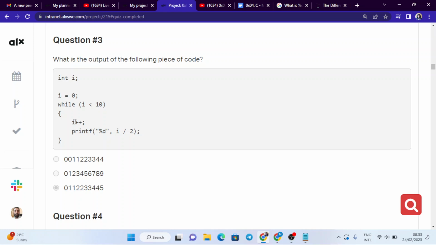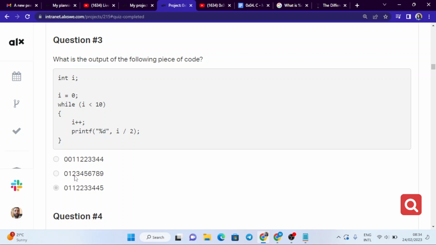When we start, i divided by 2 is decimal, so 0 divided by 2 is 0, and it continues, 0, then becoming 1. 0 is less than 10, i plus 1, 1 divided by 2 equals 0. Then 1 is less than 10, and 2 divided by 2 is 1.